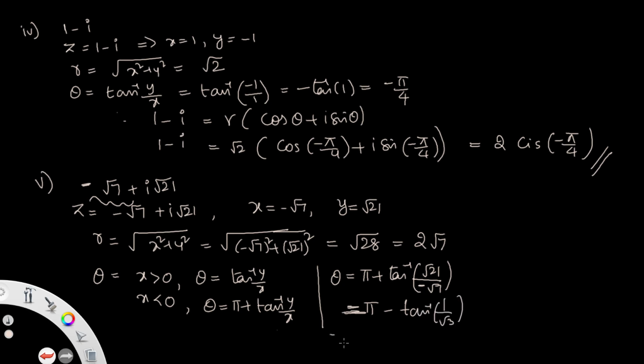That is pi minus pi by 6, which is 2 pi by 3.